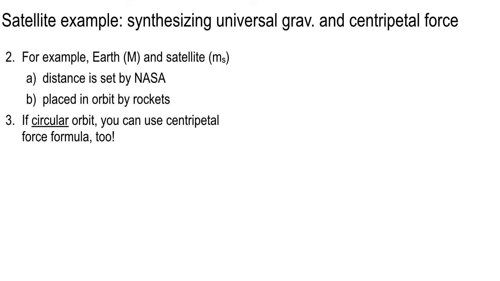So what we're going to try to do is a circular orbit. A lot of satellites that are up there, like spy satellites, are on elliptical orbits, but we got a ton of stuff on regular circular orbits. So that's what we're going to work on. So here's the two formulas.